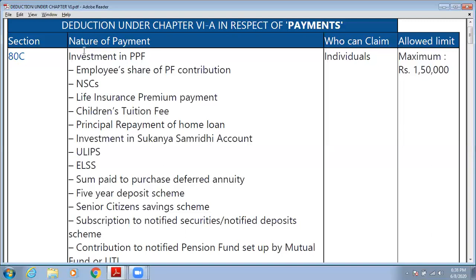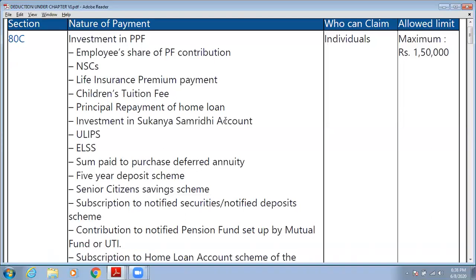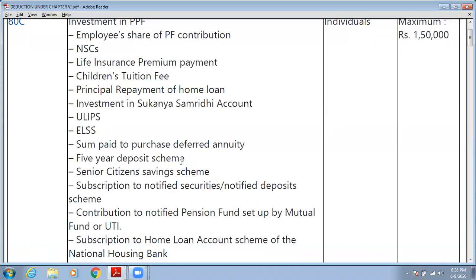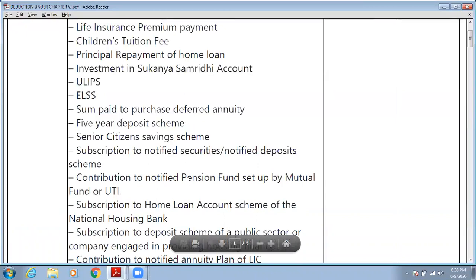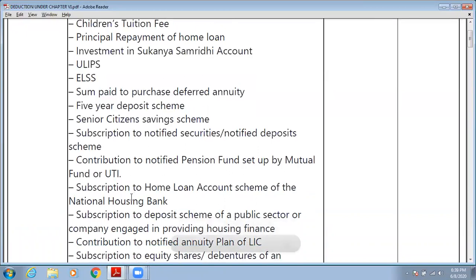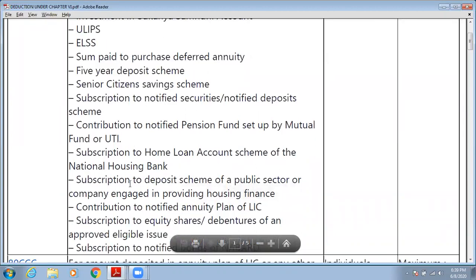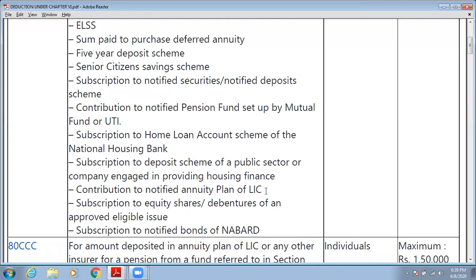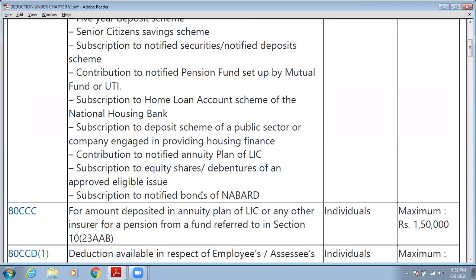If you are investing any amount in PPF, public provident fund, employees' share of PF contribution, NSC, life insurance premium payment, children's tuition fees, principal repayment of home loans, investment in Sukanya Samriddhi account, ULIPs, ELSS, sum paid to purchase deferred annuity, 5 years deposit scheme, senior citizen savings scheme, subscription to notified securities and notified deposit schemes, contribution to notified pension fund set up by the mutual fund or UTI, subscription to home loan account scheme of the National Housing Bank, subscription to deposit scheme of a public sector company engaged in providing housing finance, contribution to notified annuity plan of LIC, subscription to equity shares or debentures of an approved eligible issue, and subscription to notified bonds of NABARD.